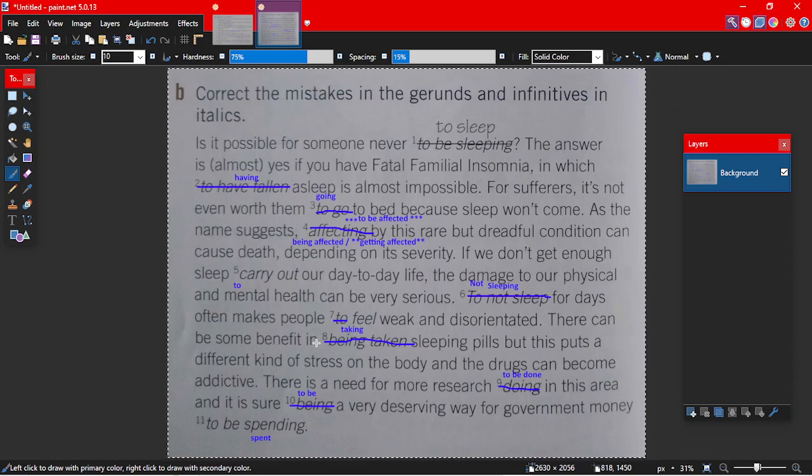Hold on a second. For money to spend. Yeah. Did you say something? Sorry, did you or no? The last one, the deserving way for government money to spend.